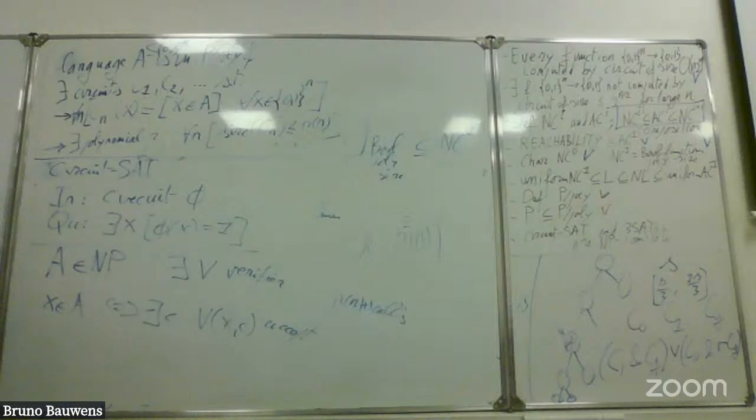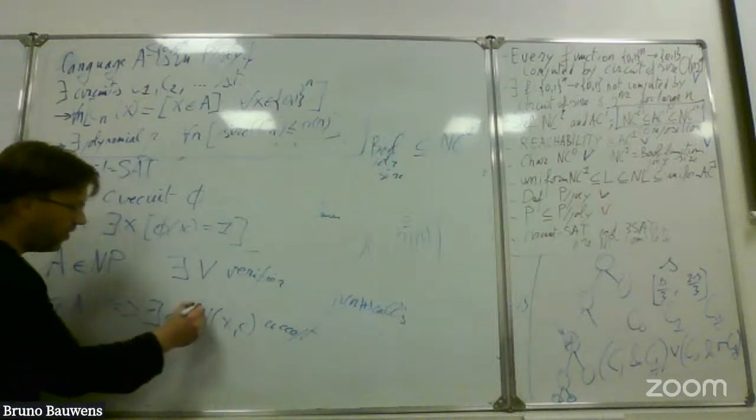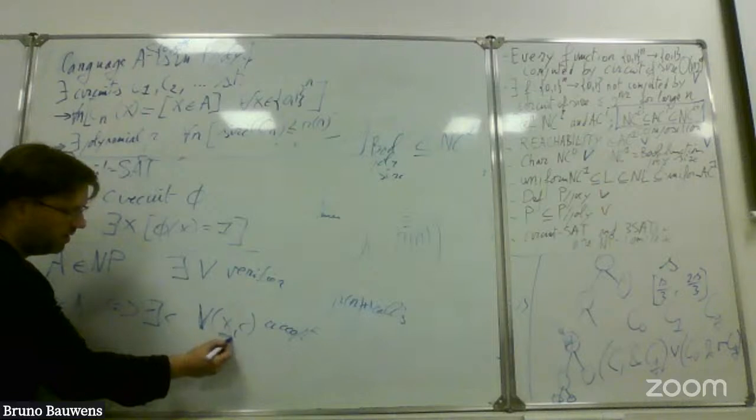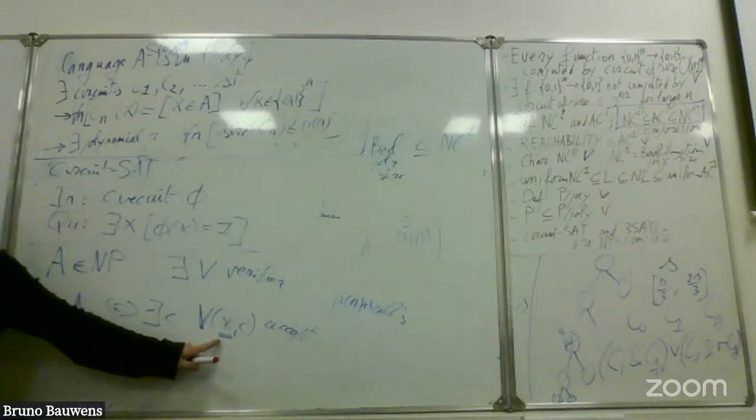It runs in polynomial time in the length of the first argument, x.